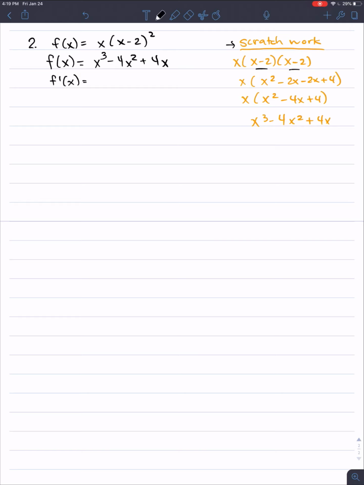So our first step is find the first derivative, which is just going to be 3x squared minus 8x plus 4. And then we take the derivative again and find our second derivative, which is going to be 6x minus 8. And we want to set that equal to 0 to find possible inflection points.